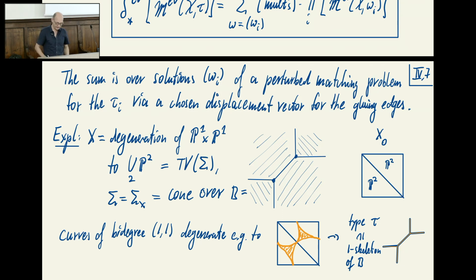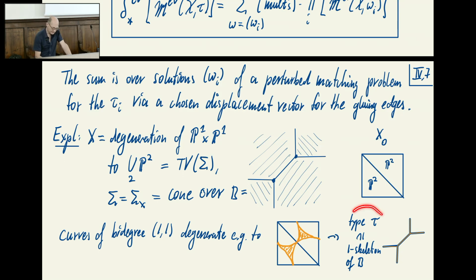In any case, there is such a toric degeneration where x0 looks like this: 2 copies of P2 glued along one coordinate line. And I look at curves of bidegree 1,1. And I can certainly write down degenerations of such curves to diagrams like this. So these are 2 lines, one in each P2, and they match at the double line.